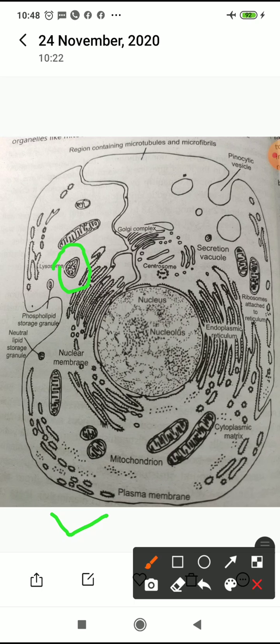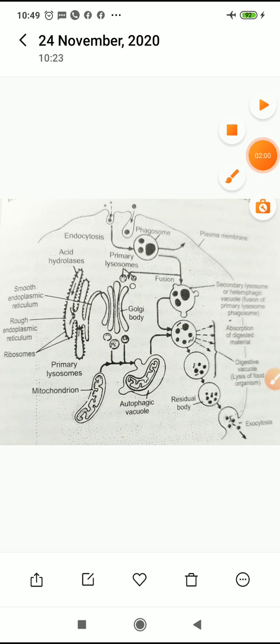Lysosomes originate directly from endoplasmic reticulum or from Golgi membrane, and then associate with vesicles formed by pinocytosis or phagocytosis. There is evidence that lysosomes originate from the Golgi complex.